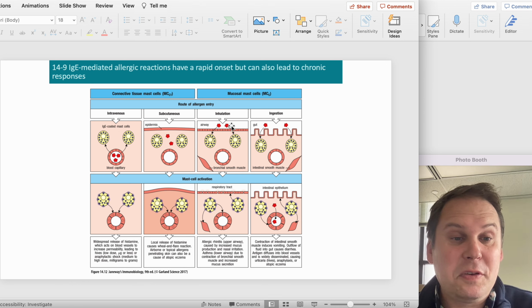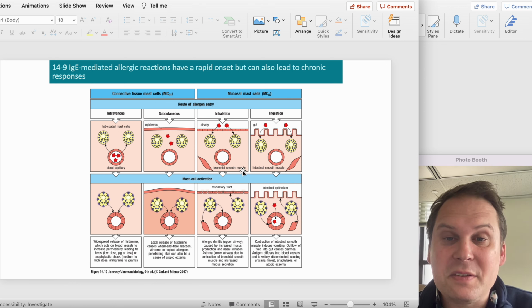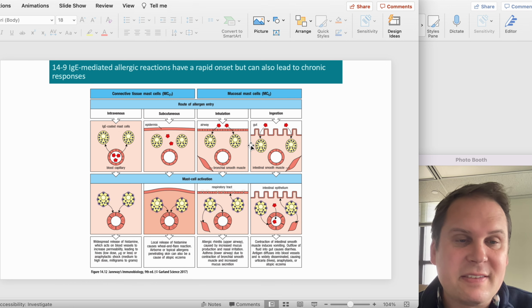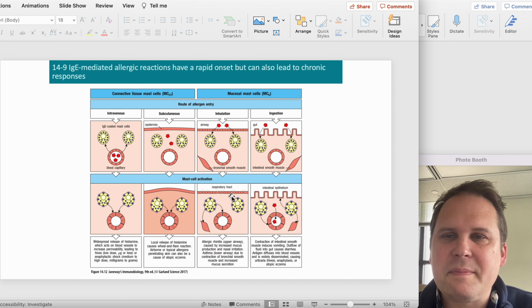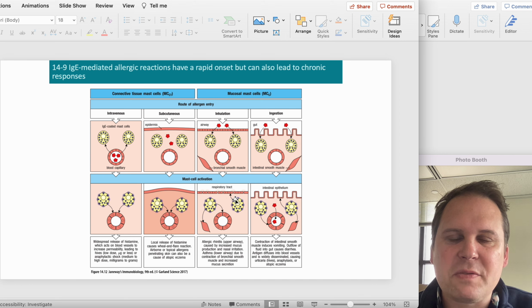Inhalation. So if you breathe in these little pollen grains or whatever they are, that can also set off mast cells. You'll have some of those in the airways if the pollen grain happens to manage to work its way through and actually find one. And you also have these muscle cells in your airways, and so it's going to lead to contraction of the muscle cells, degranulation of the mast cells, and it's going to lead to sort of a breakdown in the respiratory tract.